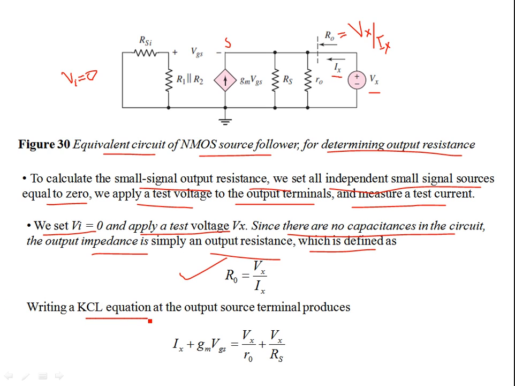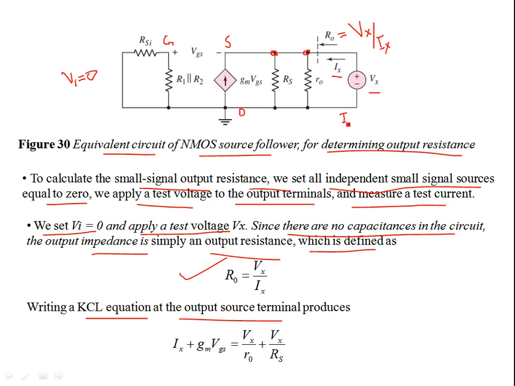Writing the KCL equation at the output source terminal, these are the source nodes. The drain is common, it's the common ground. This is the gate node. If you write KCL at this node, Ix is coming into the node.